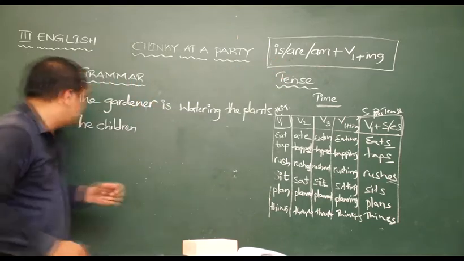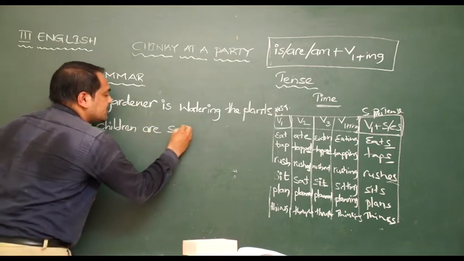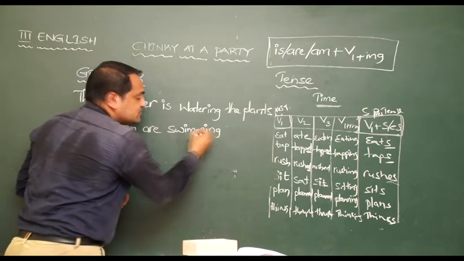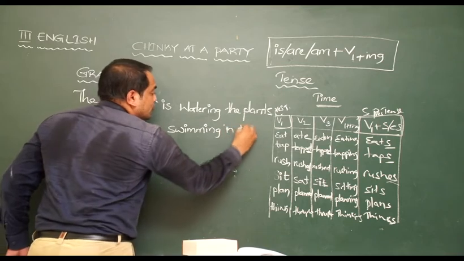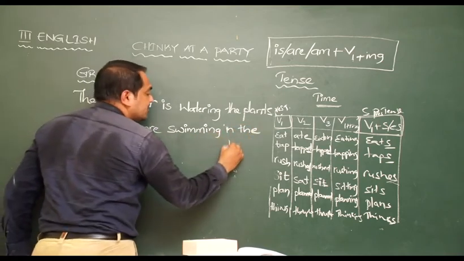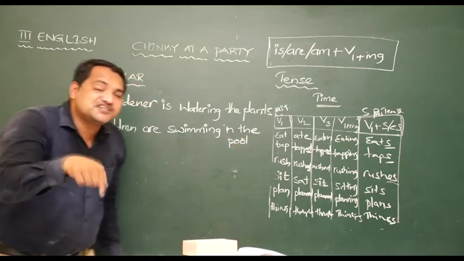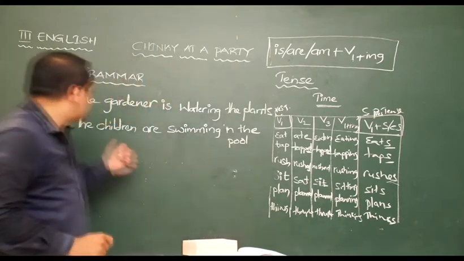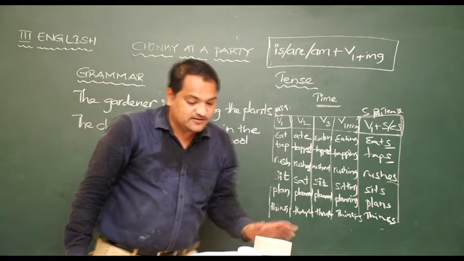More than one. Children are swimming. Where do they swim? Swimming in the pool. Don't write every day now. Children are swimming in the pool. Why? It is happening now. Present continuous means the action should be happening now. So, the children are swimming in the pool.